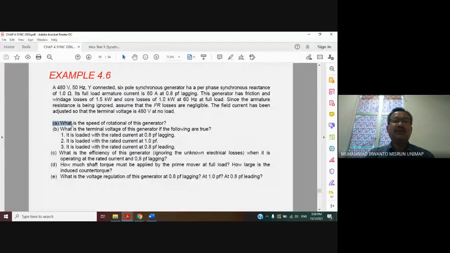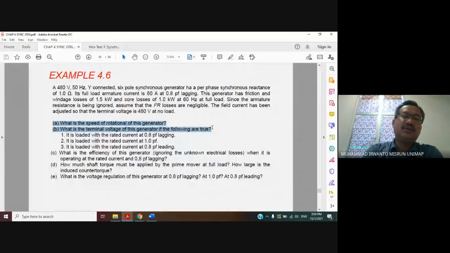Later for Test 3, the question is also to calculate the speed in the unit radian per second. We can first calculate from the RPM, then convert to radian per second.